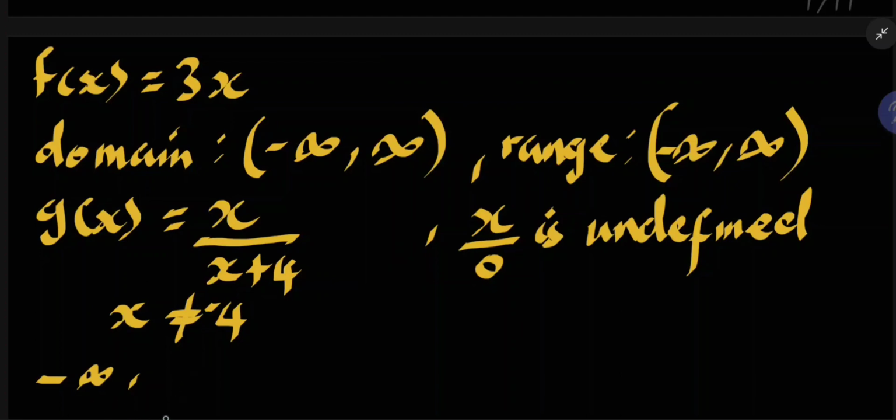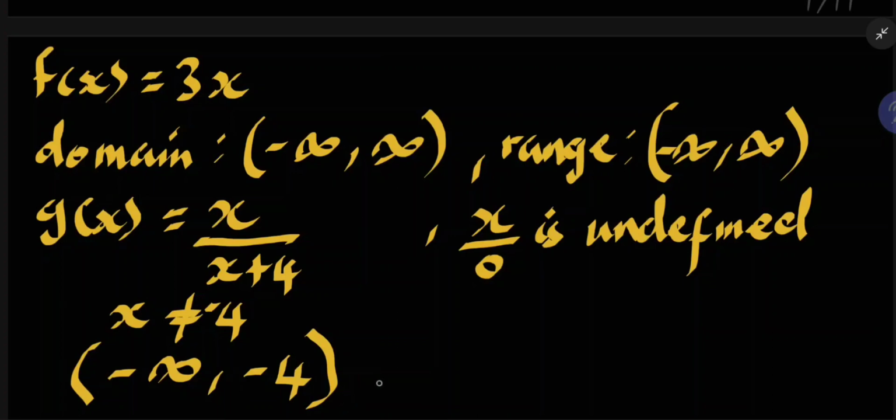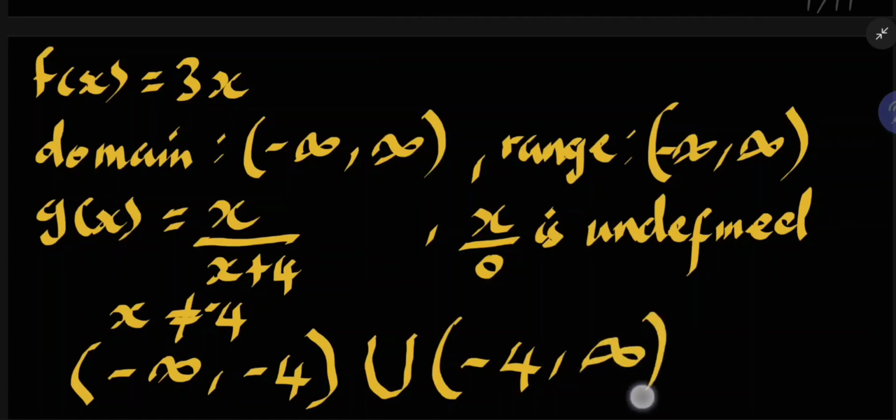So it means from negative infinity to minus 4. Numbers just before minus 4, like minus 4.0111, should be in this domain, and numbers just after minus 4, that's minus 3.999 to infinity, would be in this domain. So to express this as intervals instead, you go from negative infinity to minus 4 with a parenthesis, union from minus 4 to infinity.